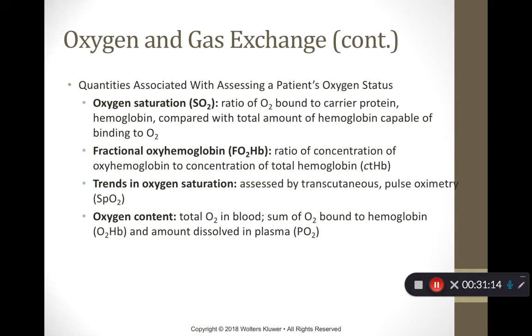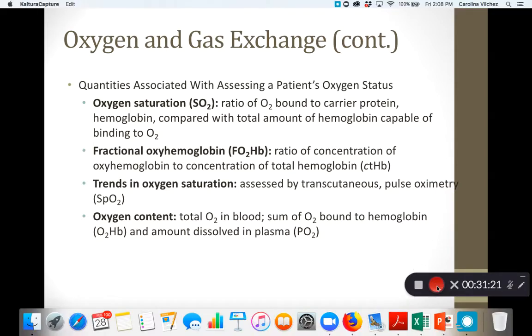The oxygen saturation is the ratio of oxygen bound to a carrier protein, which is the hemoglobin, compared to the total amount of hemoglobin capable of binding oxygen. The fractional oxyhemoglobin is the ratio of the concentration of oxyhemoglobin to the concentration of the total hemoglobin.